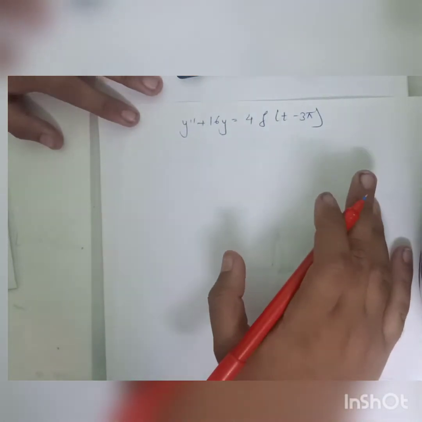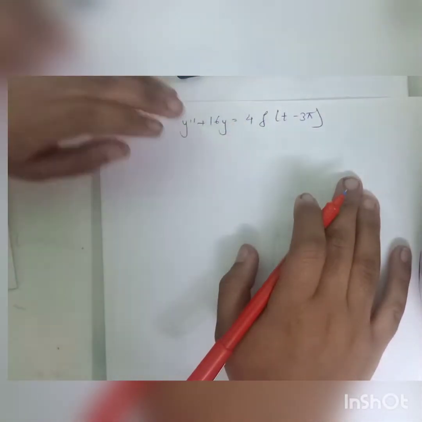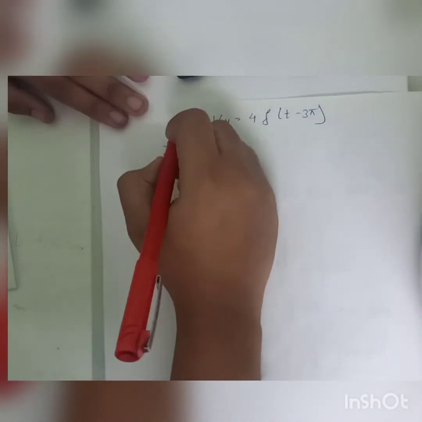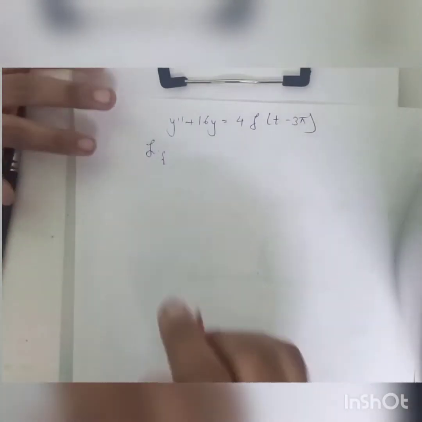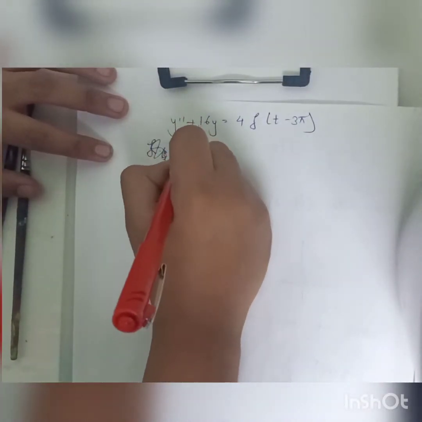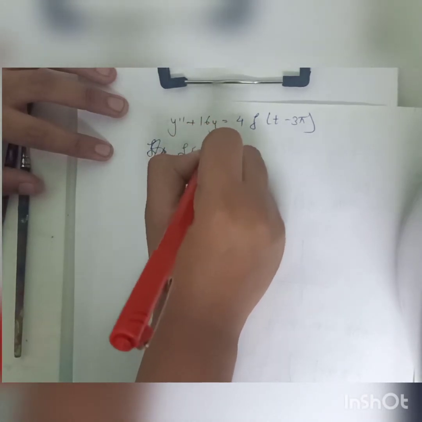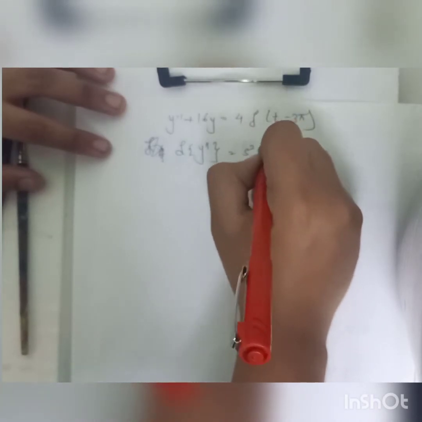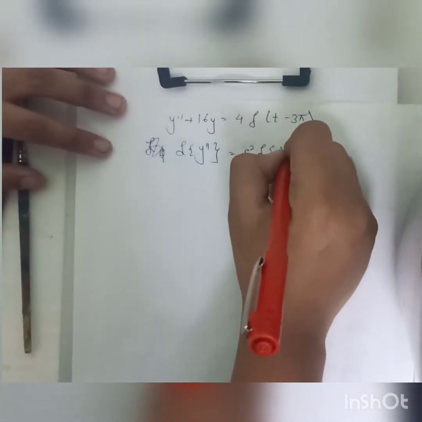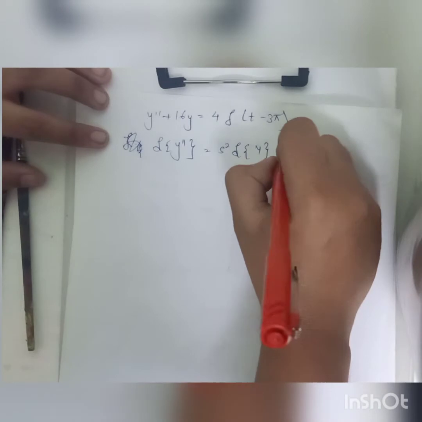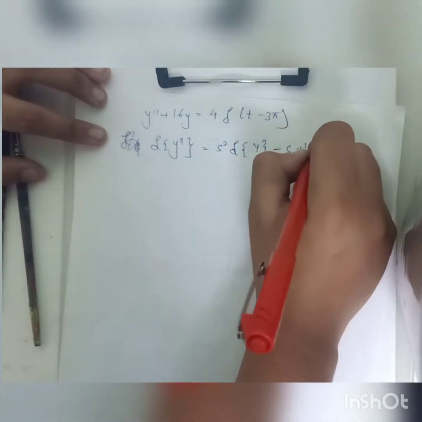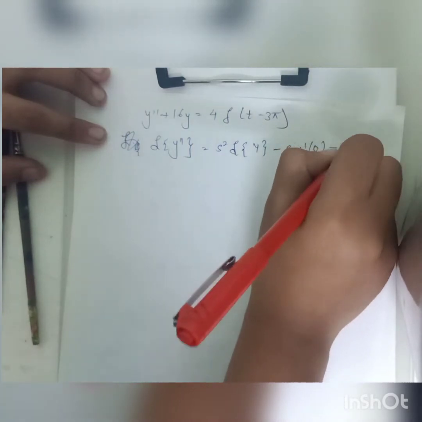So if we take the Laplace transform on both sides, first, Laplace of y double dash is equal to s square Laplace of y minus s y(0) minus y dash(0).